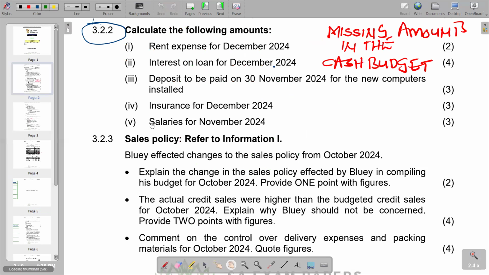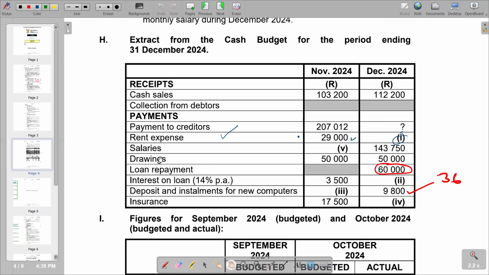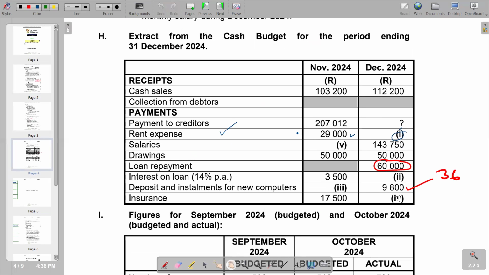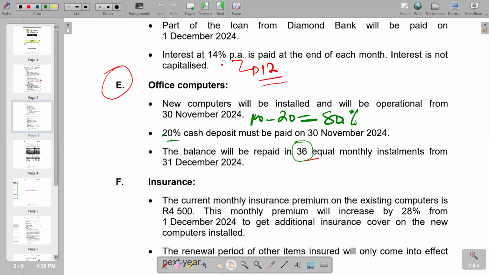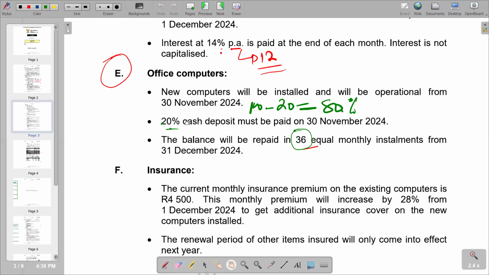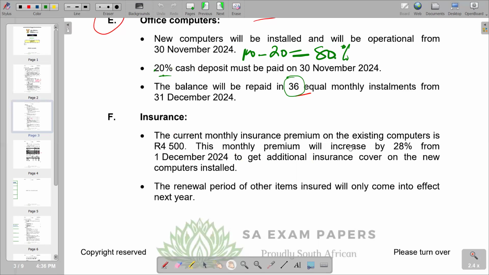We move on to the next one, which is insurance for December 2024. So we refer to our table whereby we are seeing that we have got insurance for December is here. We are given for November 17,500. So we go to the explanation on insurance. They're saying the current monthly insurance premium on the existing computers is 4,500. This monthly premium will increase by 28% from 1 December 2024 to get additional insurance cover on the new computers installed.